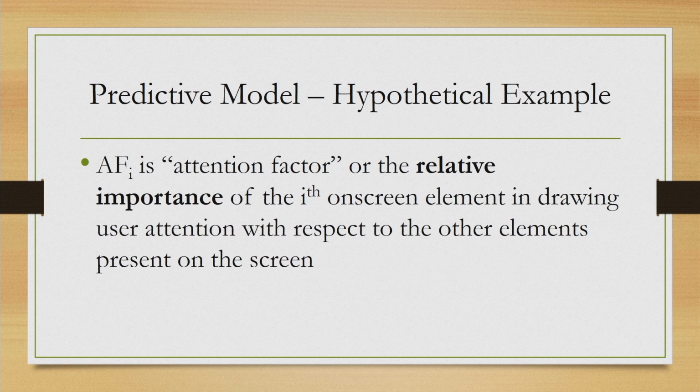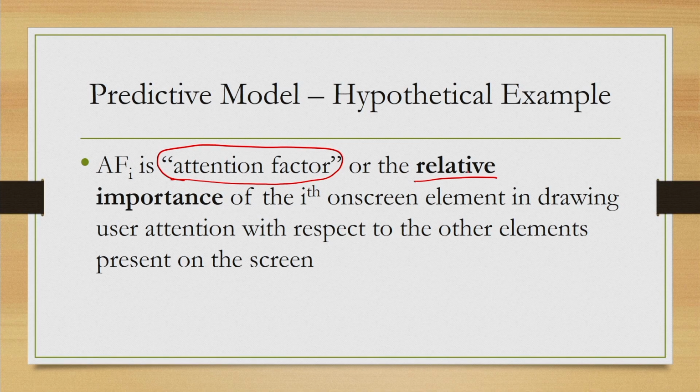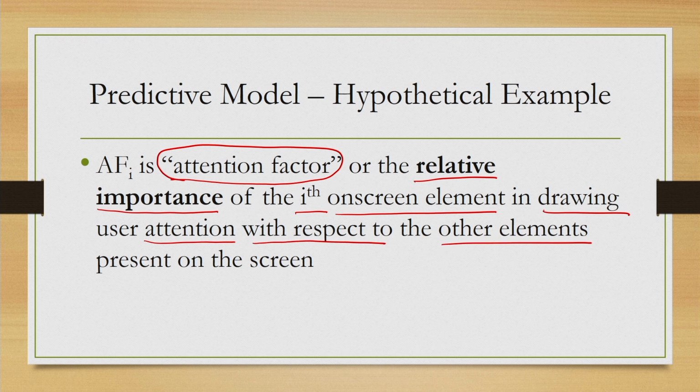What do these terms mean? We can think of AF_i as a factor, let us call it attention factor. So, when we get a value of this factor using the equation, it essentially tells us the relative importance of the ith on-screen element in drawing the attention of the user with respect to other elements present on the screen.